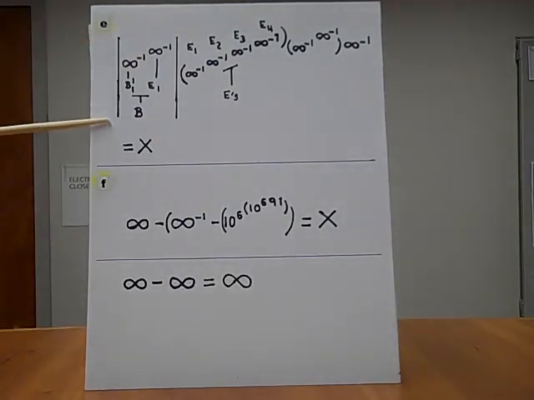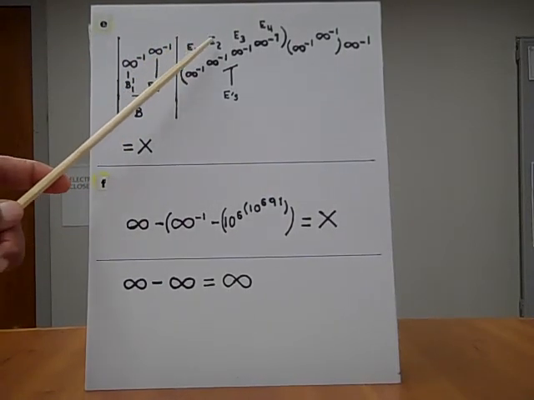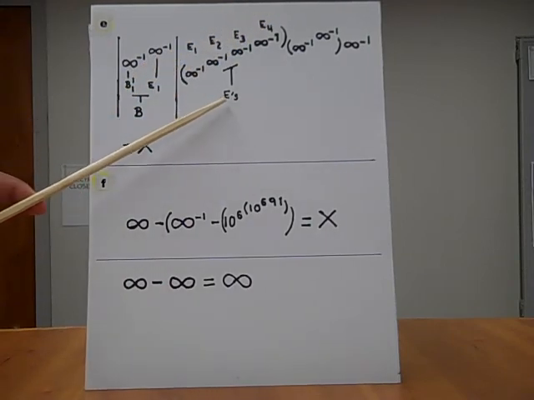Right here, once again, this is a total base, but that base is made of internal bases and internal exponents. In this case it is infinity minus 1 taken to the infinity minus 1 exponent power, which equals a single base, which is taken to the exponents of exponents 1, 2, 3, and 4. These are exponents.